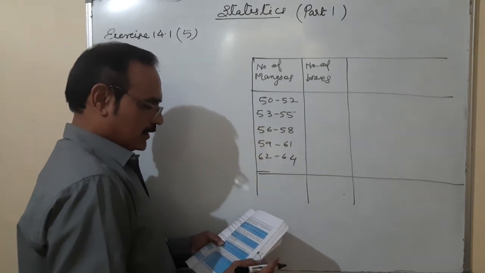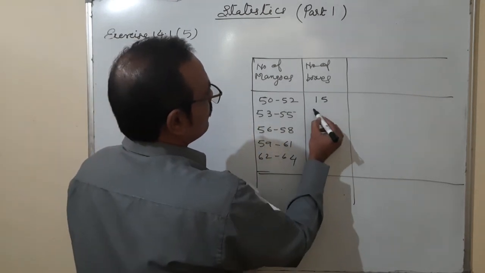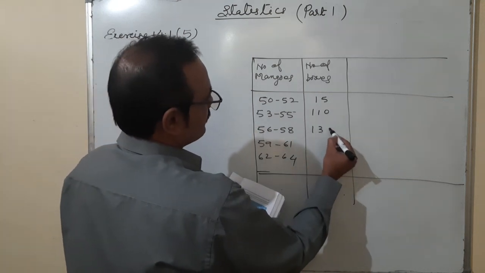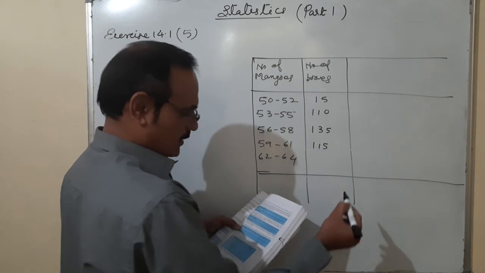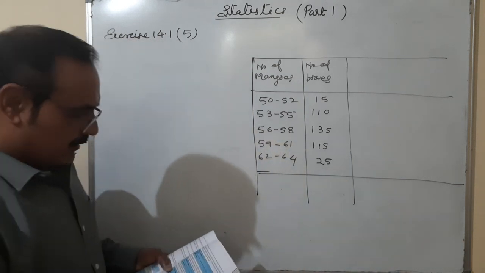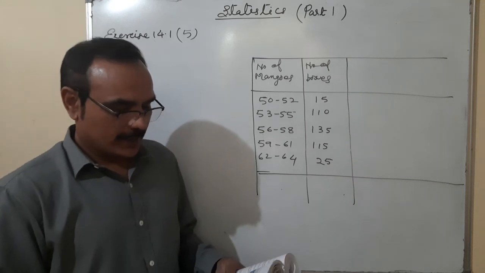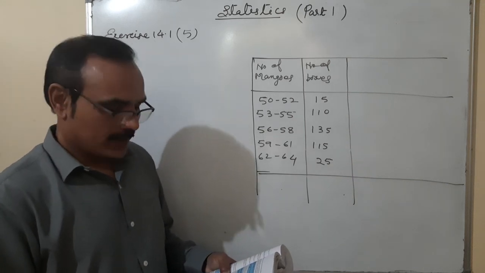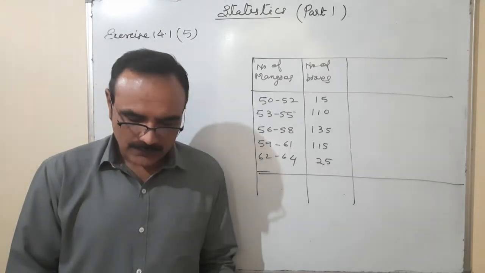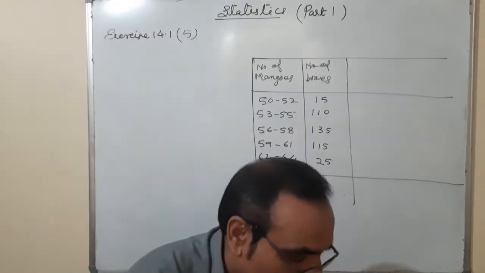Number of boxes: 15, 110, 135, 115 and 25. Find the mean number of mangoes kept in a box.